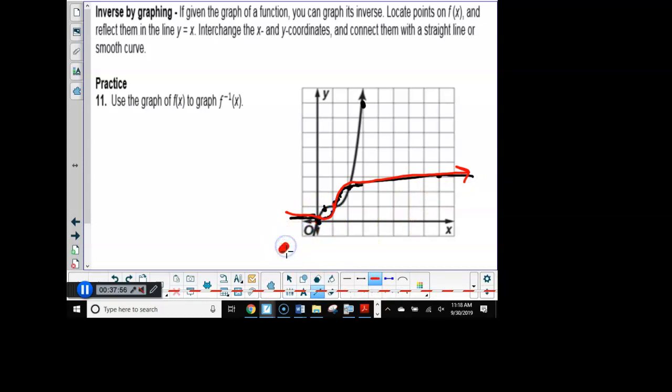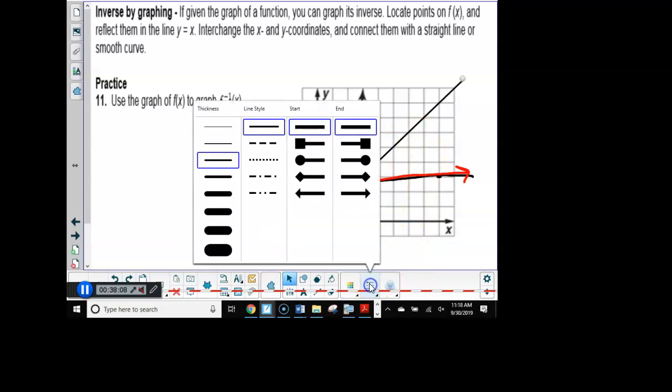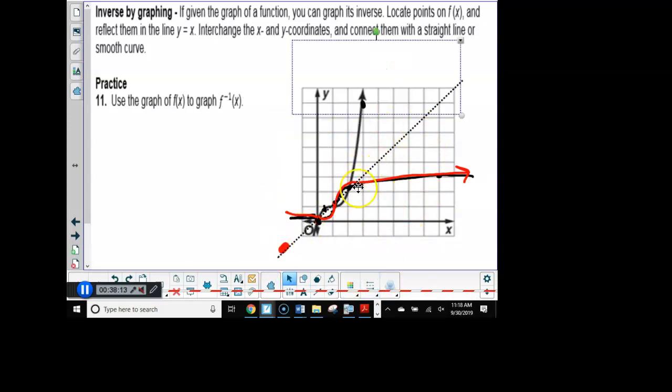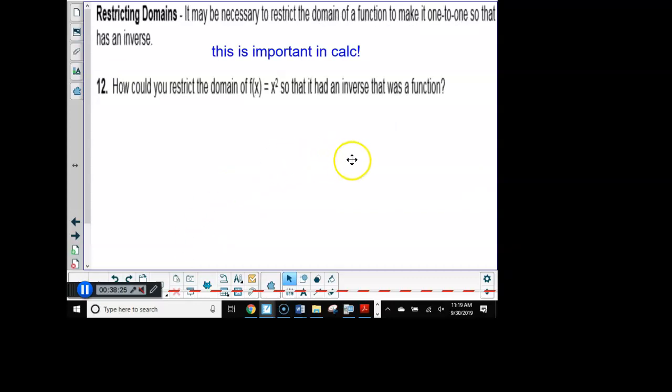Whoa, that's not going to work well. Let's try this line. The line y equals x. There we go, and I can make it dotted. Okay, should look like it flipped across that line. Mine is not great. All right, there is one of those you have to do on the quiz, so you're going to want to find a few ordered pairs and try to flip them.